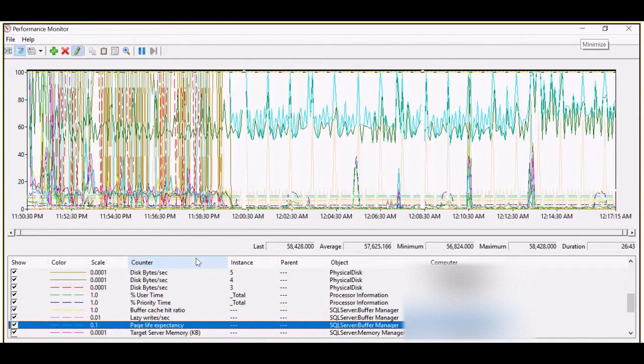Just like she mentioned before, maybe none of these counters alone is enough to tell you there's an issue, or what the issue is necessarily. You need to keep the counters in mind. With even the buffer cache hit ratio, somebody could have a system where the numbers look horrible because they've got fast disks and they just happen to be running queries that always have to go to disk, but they don't have a disk performance issue.